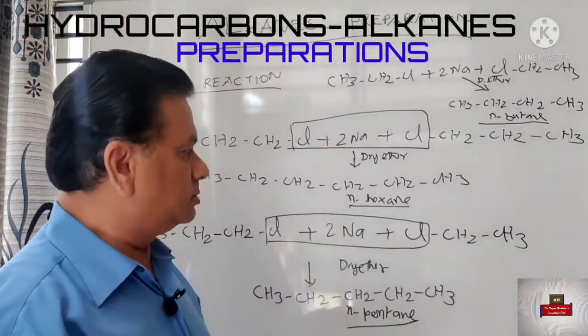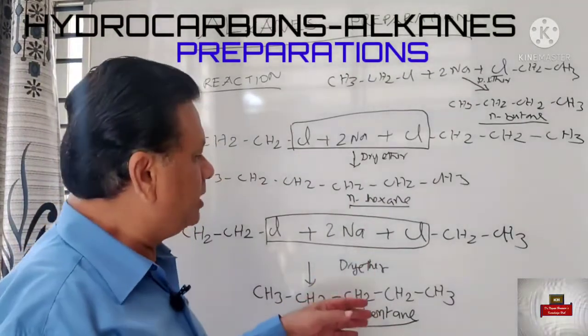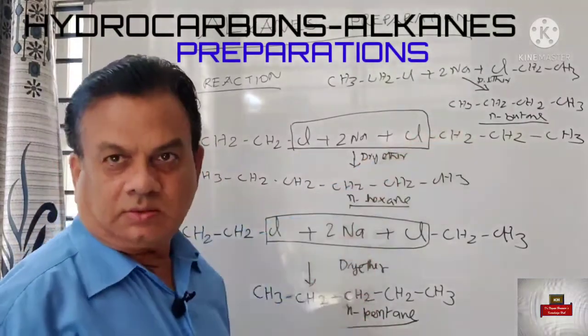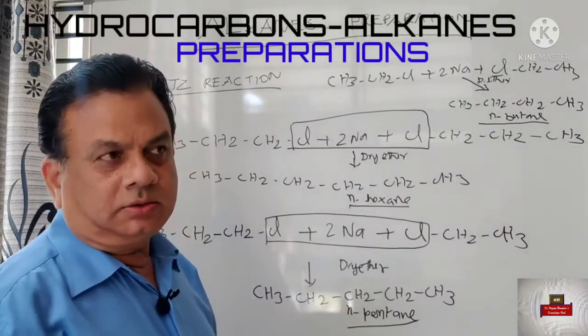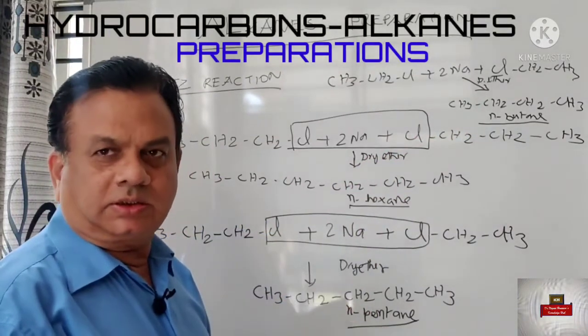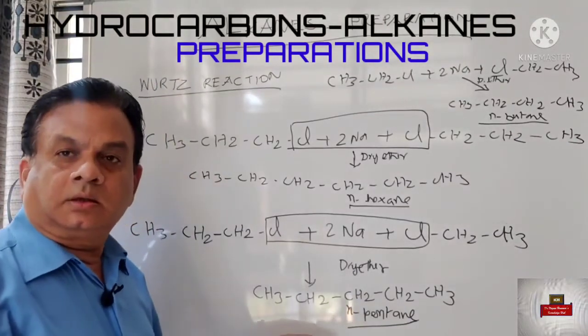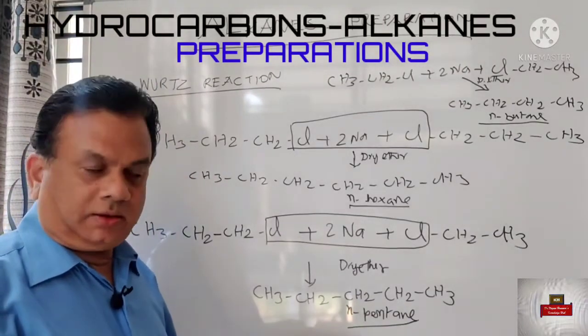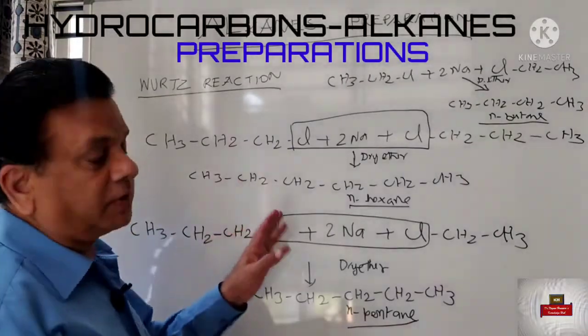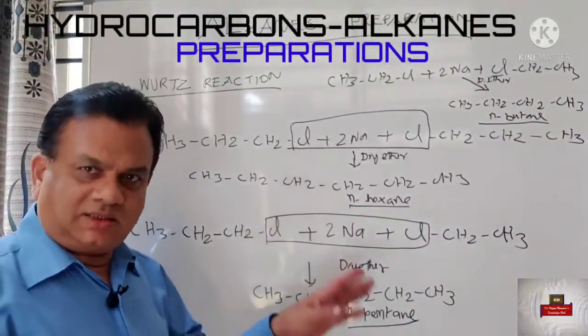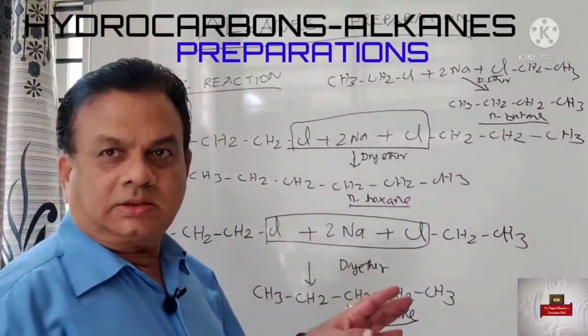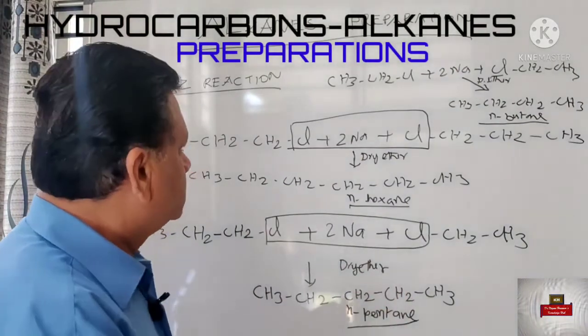The problem is it is difficult to separate this mixture. So that is why this method is not used to prepare an unsymmetrical alkane like n-pentane. So what we can make from Wood's reaction is symmetrical alkanes, like ethane, butane, hexane, octane.